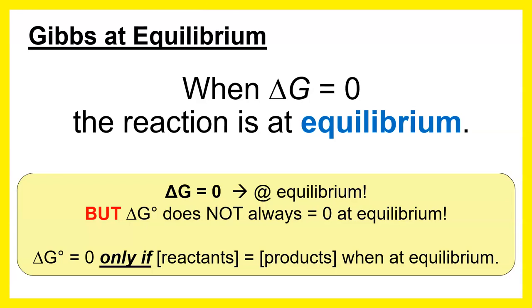Delta G naught will only be 0 if your reactants equal your products at equilibrium. Kind of like K is only 1 if you have equal ratios of everything. And that's really not common, is it? Right? So understanding that delta G being 0 is different than delta G naught is important.